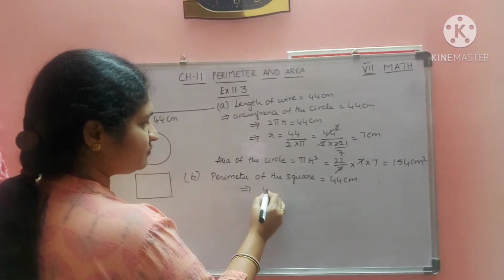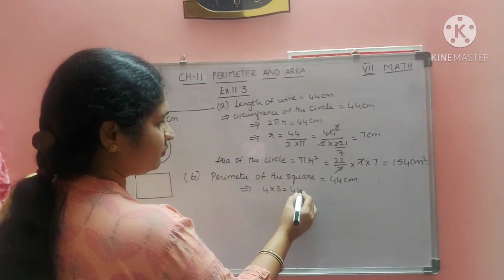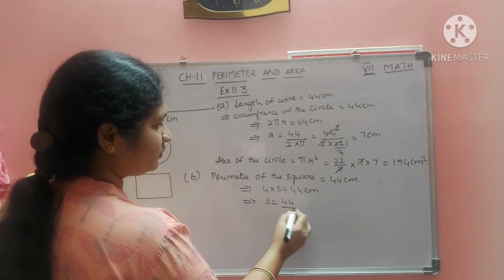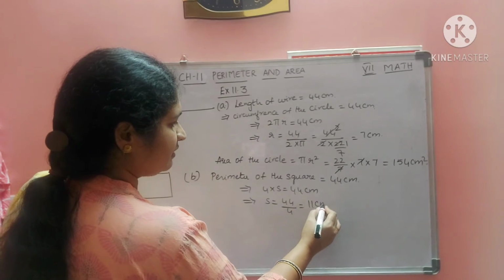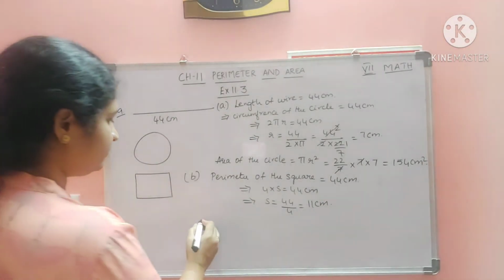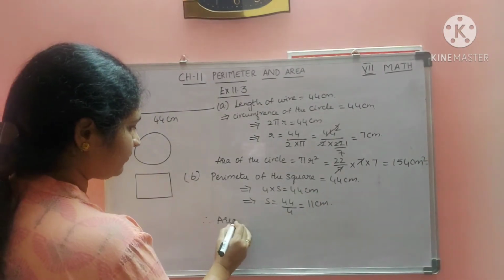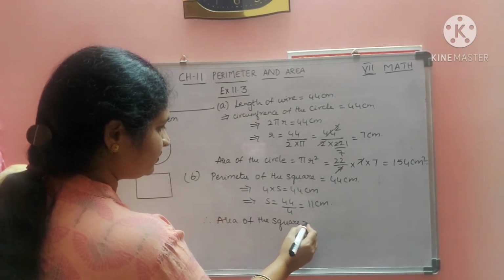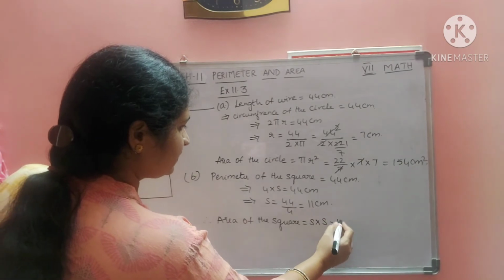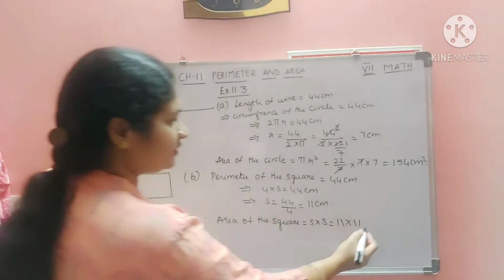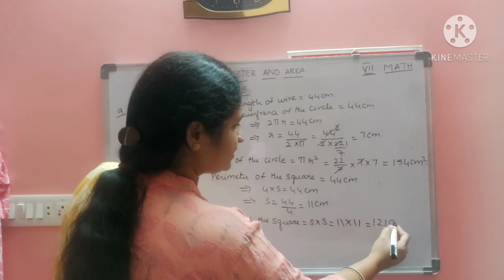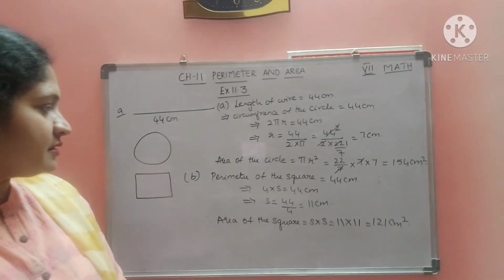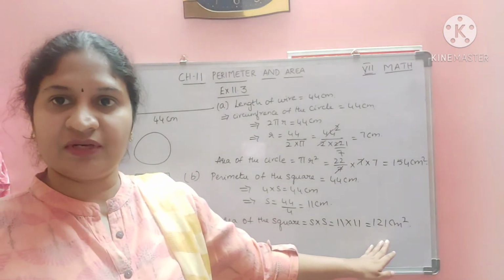Perimeter of a square is 4 into s, equal to 44 centimeters, implies s is equal to 44 by 4, which is equal to 11 centimeters. Therefore, area of the square is equal to s into s, which is equal to 11 into 11, equal to 121 centimeter square. Right? Here the area of the square is 121 centimeter square.